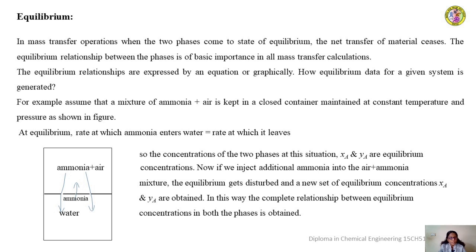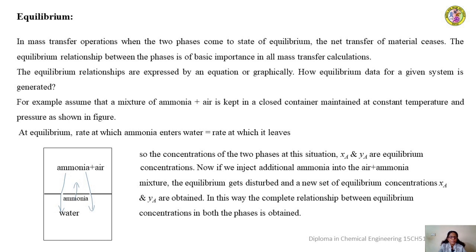From this state onwards also, ammonia molecules keep entering from air to water and from water to air, but the net rate at which this transfer occurs will be zero. That is the state of equilibrium reached in the given system of ammonia, air and water.